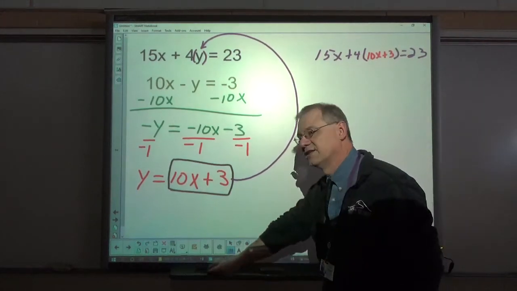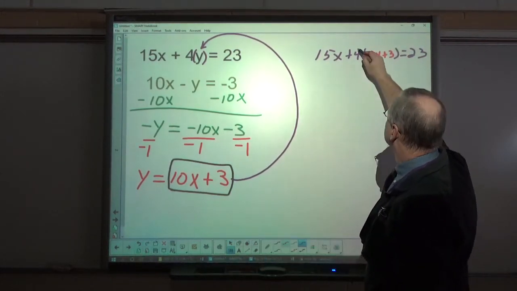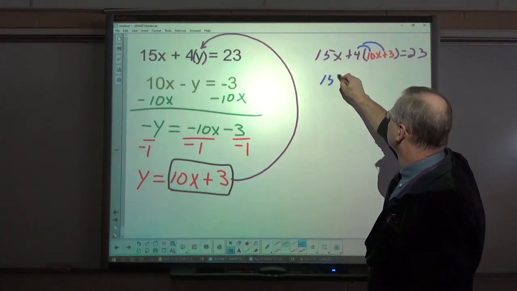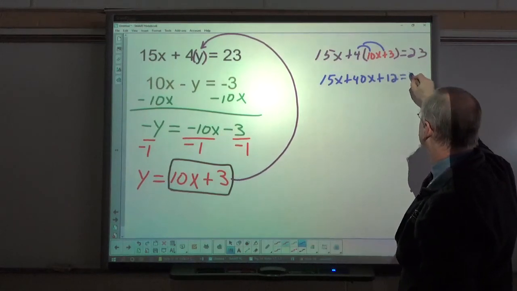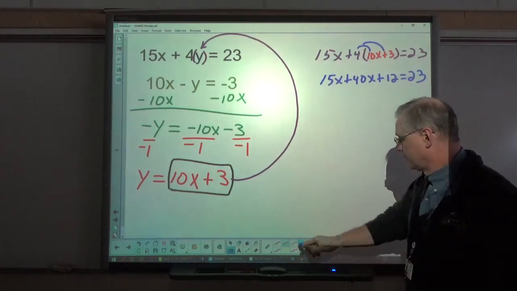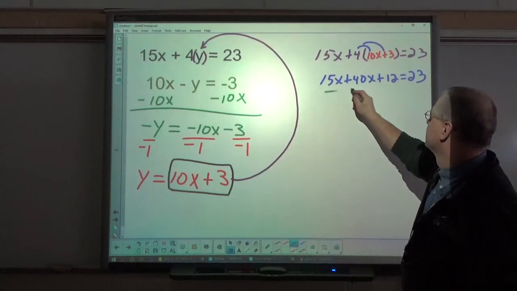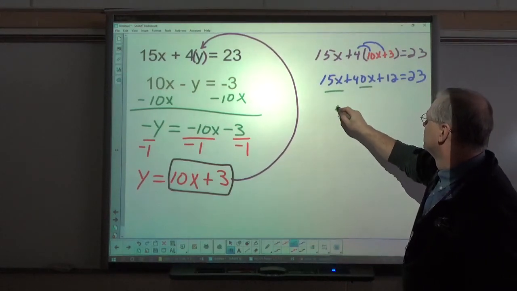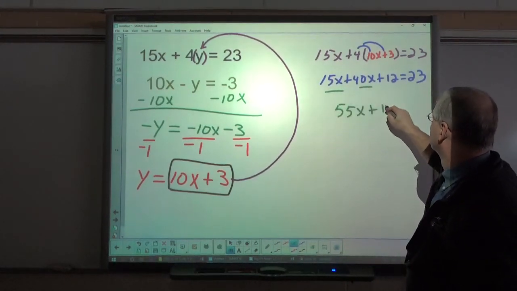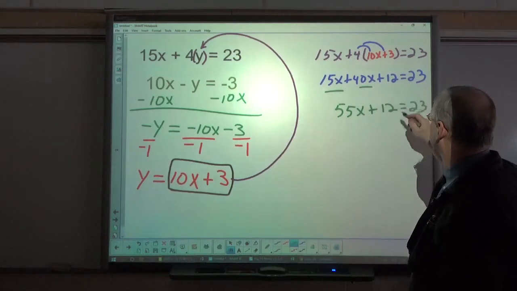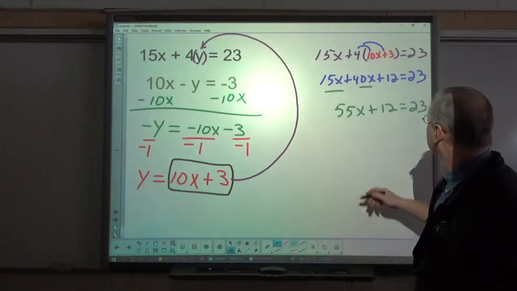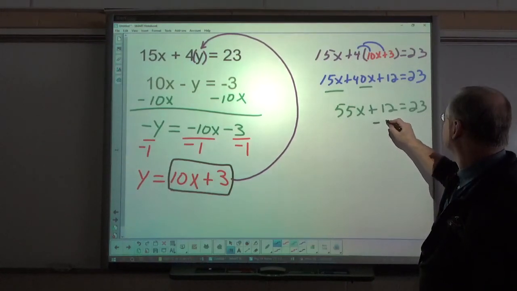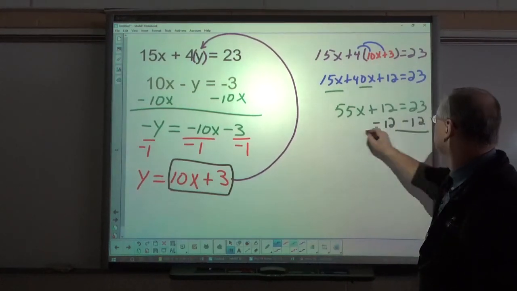All right, let's see how this goes. Distribute the 4. Combine like terms. Subtract 12 from both sides.